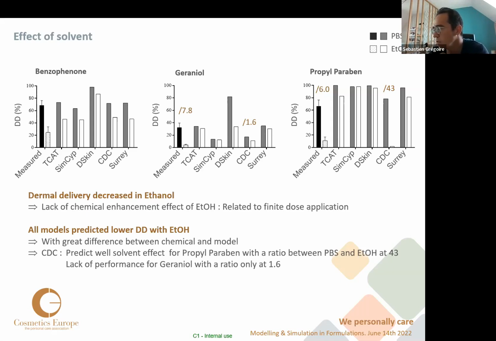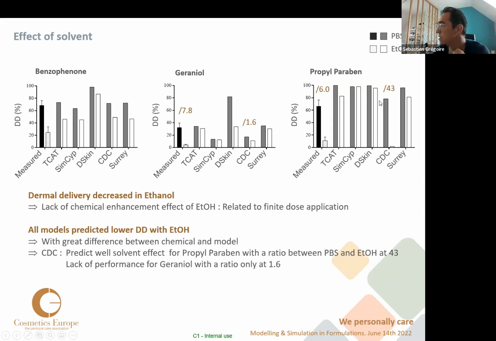All of the models show great differences. All of the models predict lower dermal delivery with ethanol, but with some huge differences. For example, for the CDC model, for the geraniol, it predicts lower dermal delivery, but with a lower impact compared to the experimental value.